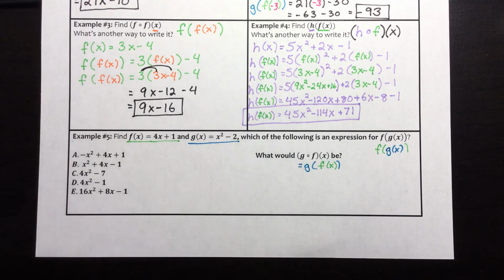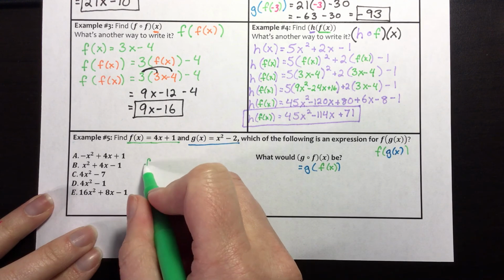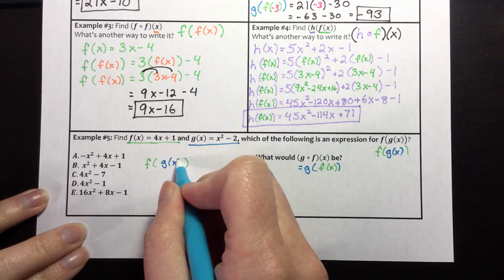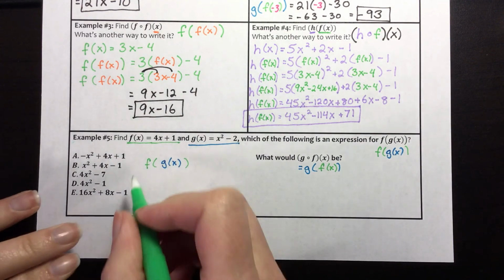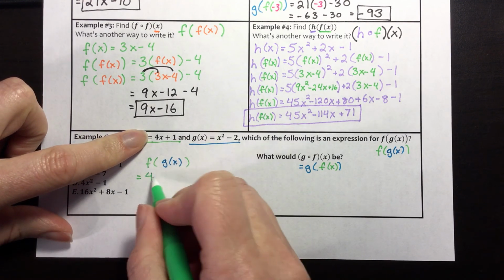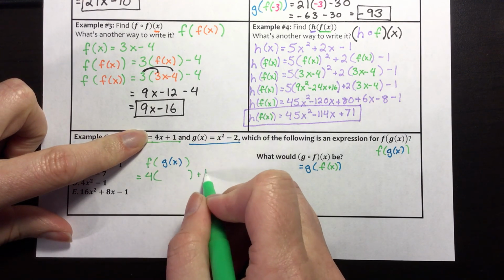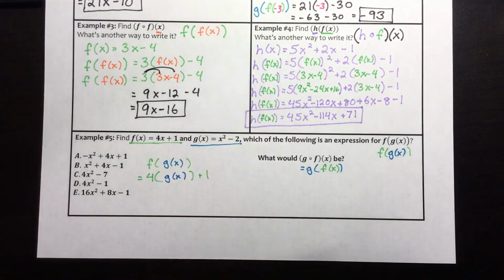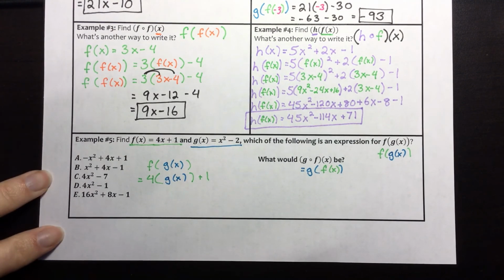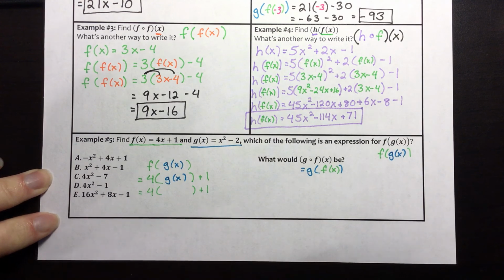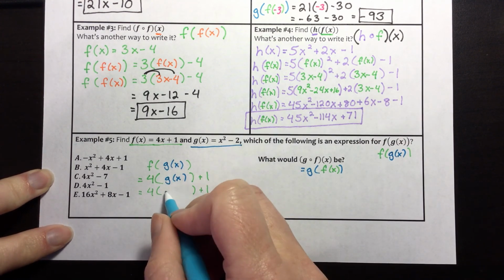Let's find out. So let's start with f of g of x. I'm going to do that over here on the left. f of g of x. Okay, that means we're going to rewrite the function f of x, which is 4x plus 1. But instead of the x, we're going to put g of x inside. Okay, g of x is x squared minus 2.